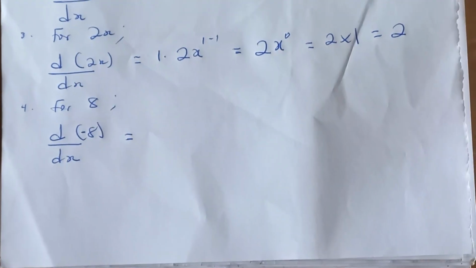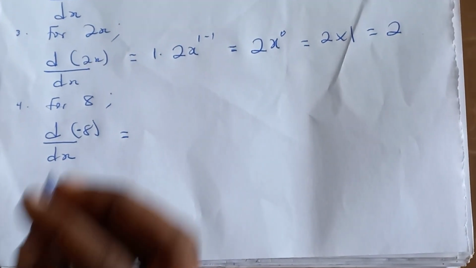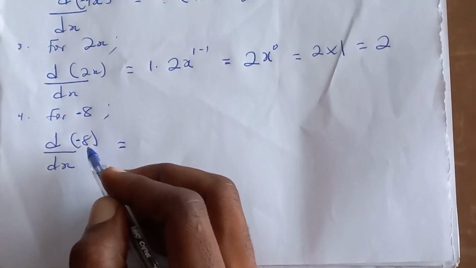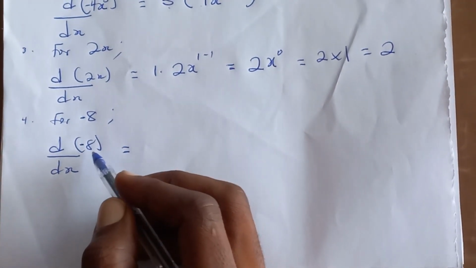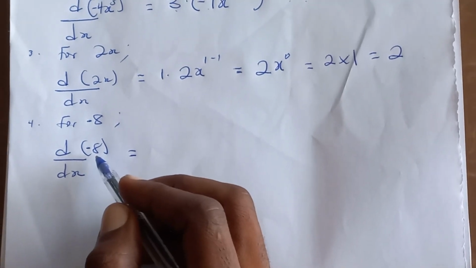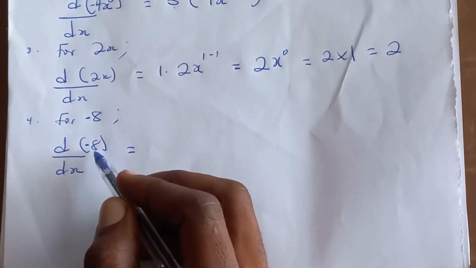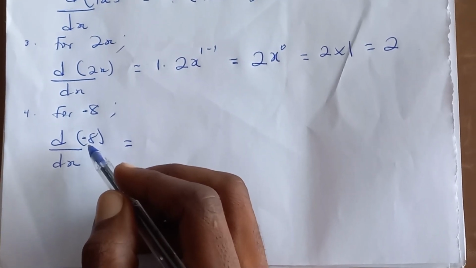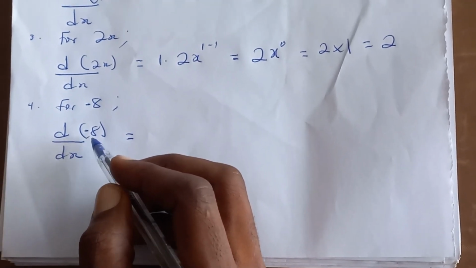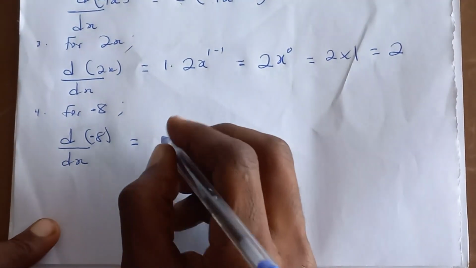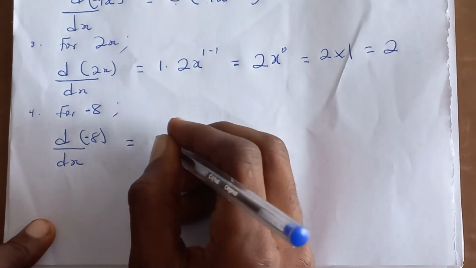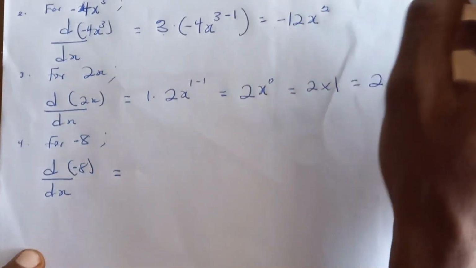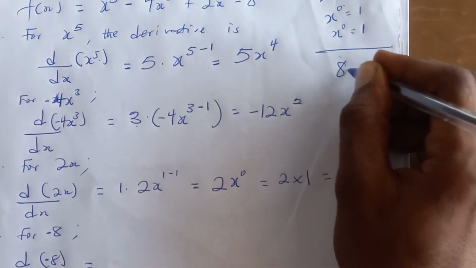Good. So for the last term, negative 8, you can see that we don't have any x there. It means that x is of power 0. When you differentiate this, this 8 is like 8x to the power 0.